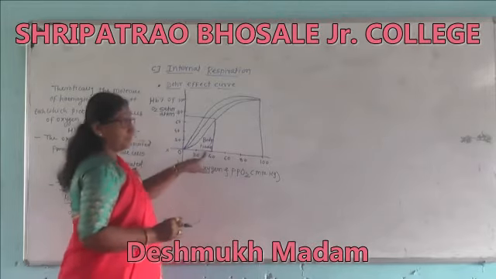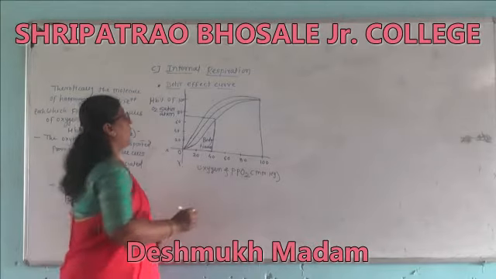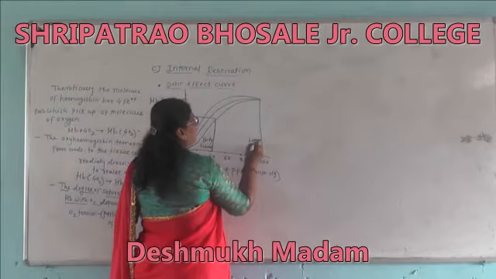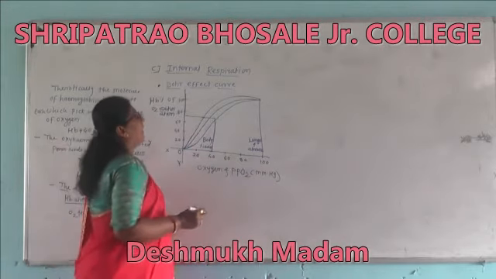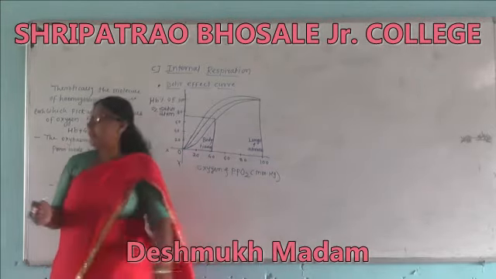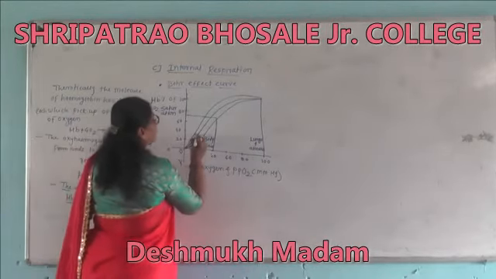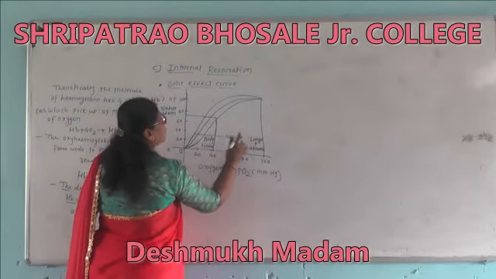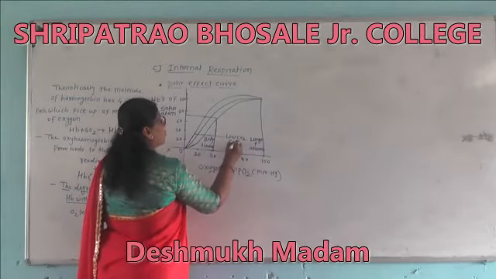In body tissue, O2 partial pressure is lower, and in lungs and alveoli, the partial pressure of O2 is high. Then low CO2 partial pressure shows high pH.